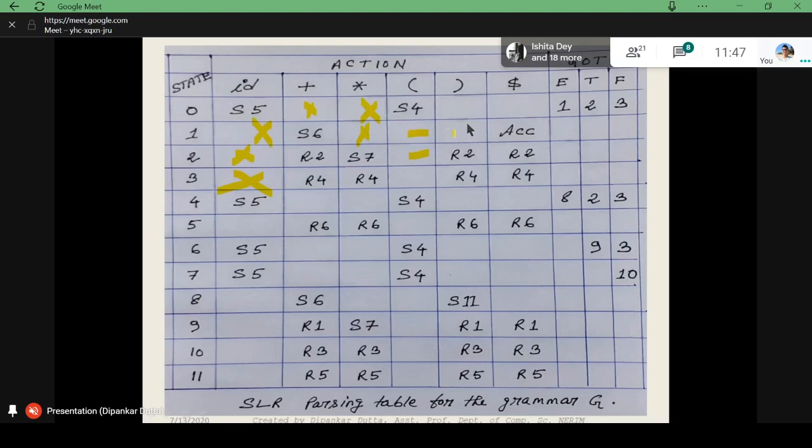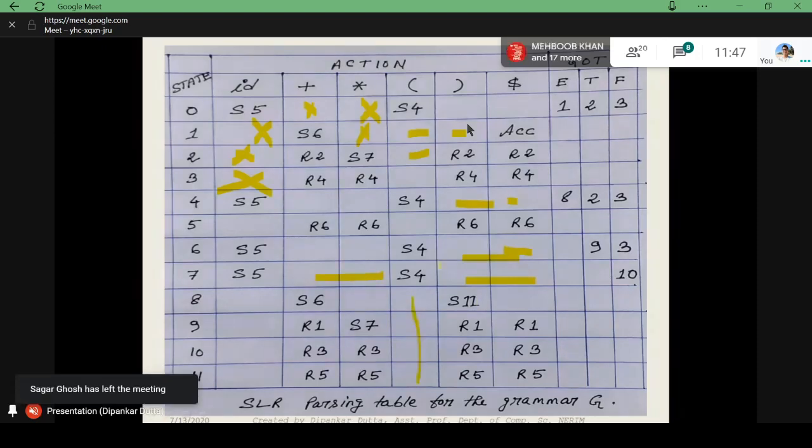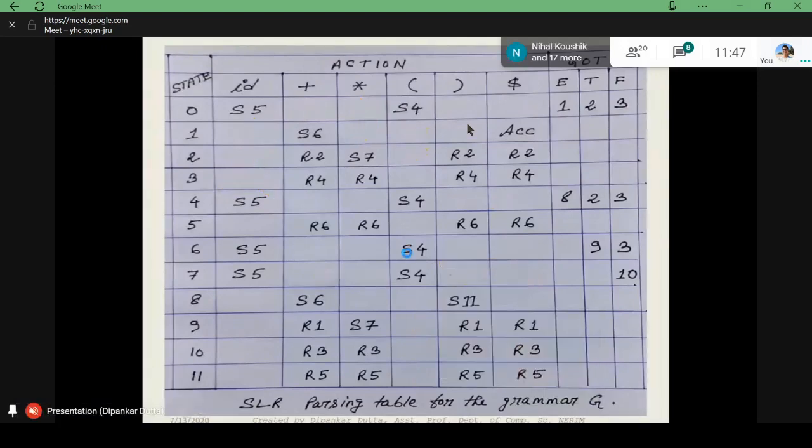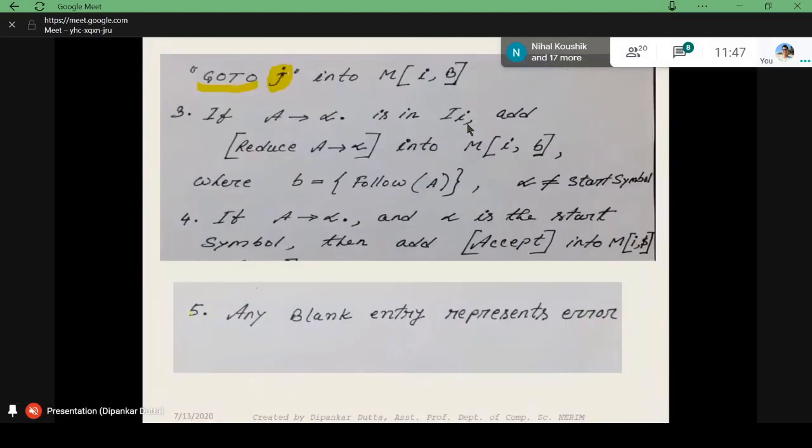For these blank entries, what does it represent? These blank entries represent error, and this is rule number 4. Or sorry, rule number 5. Any blank entry represents error. This is rule number 5.